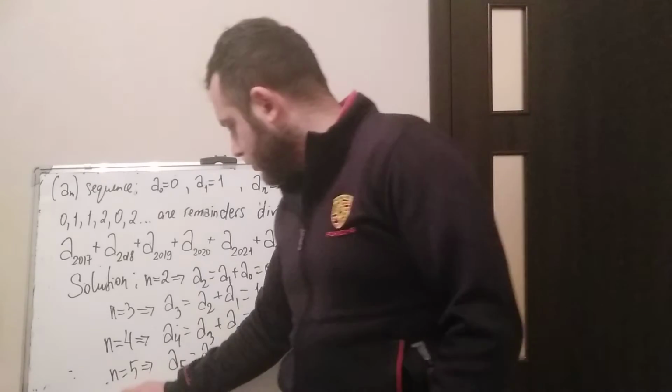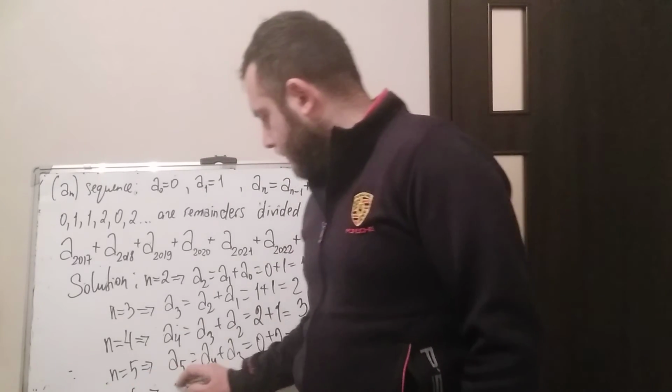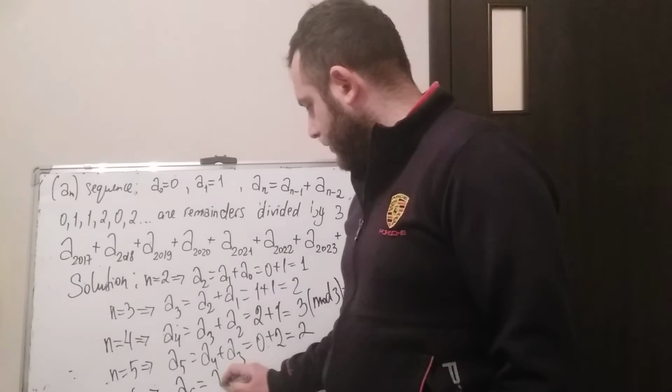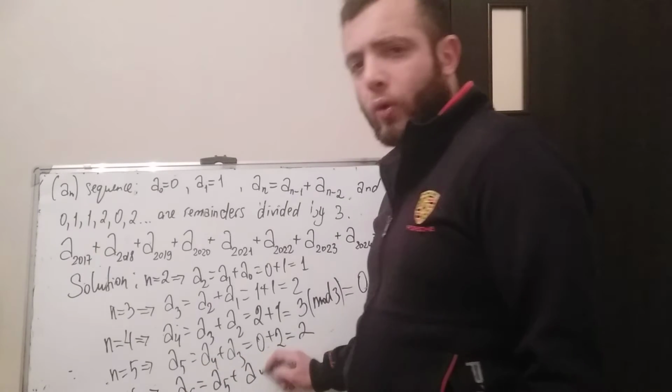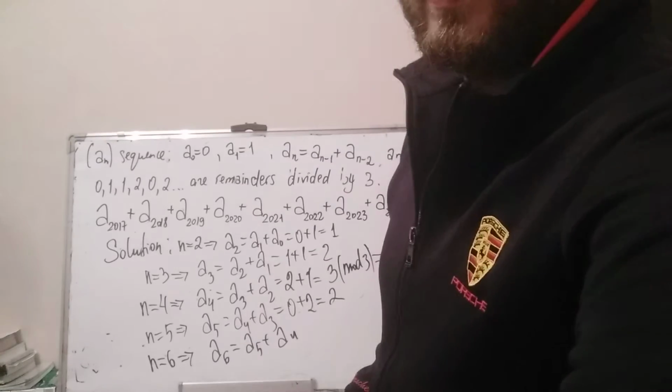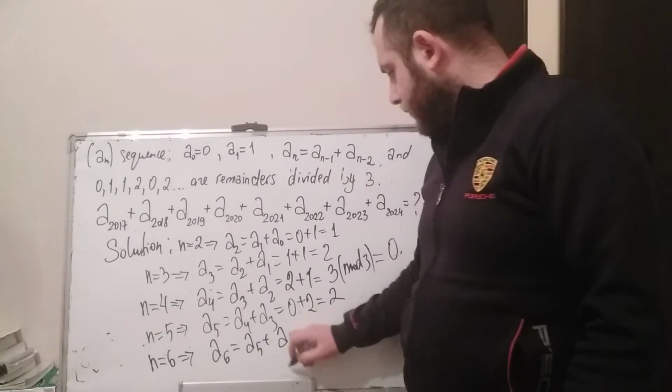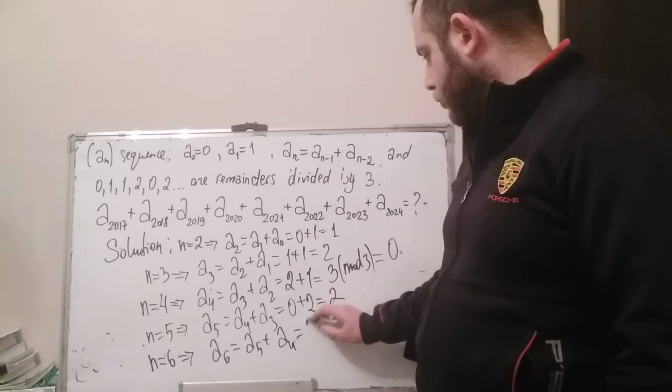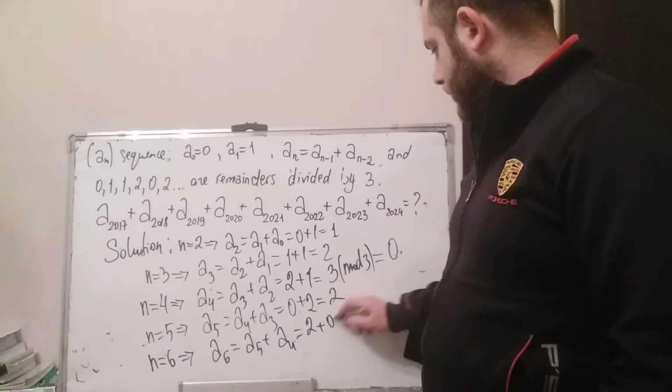Okay, let's check a6. a sub 6 is a sub 5 plus a sub 4. a5 is 2 and a4 is 0, so 2 plus 0 is just 2.